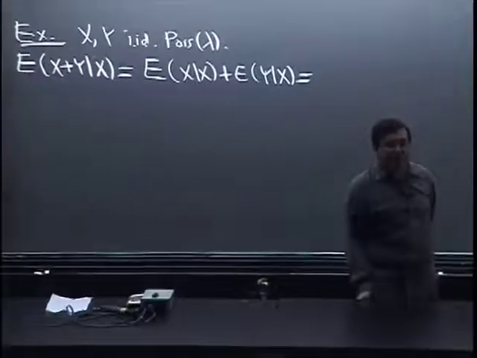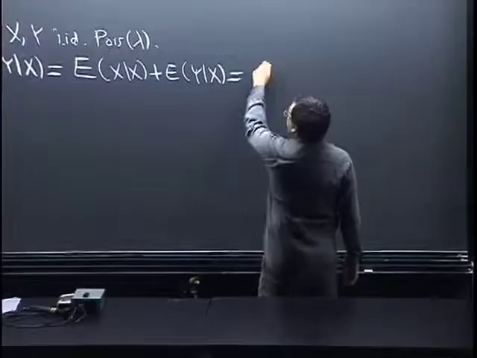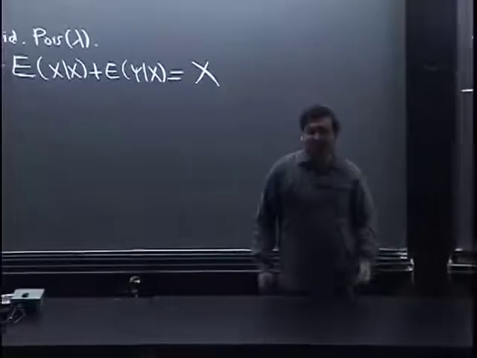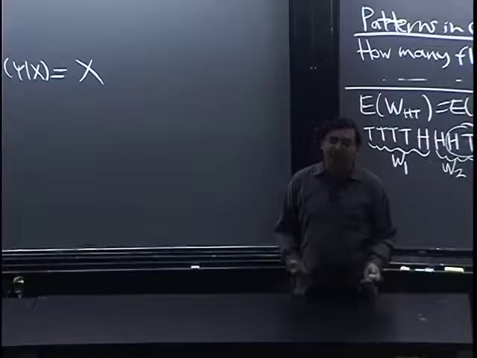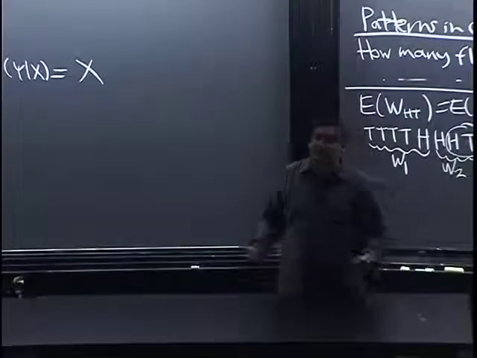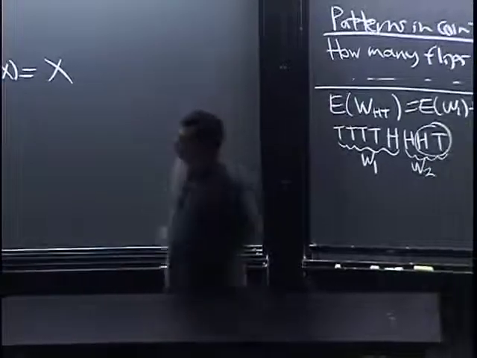Now let's think about what this actually means. E of X given X, that's easy. That's X. What else could it be? I know X, and I want to predict X, so I'm going to use X as my prediction. It has to be that.